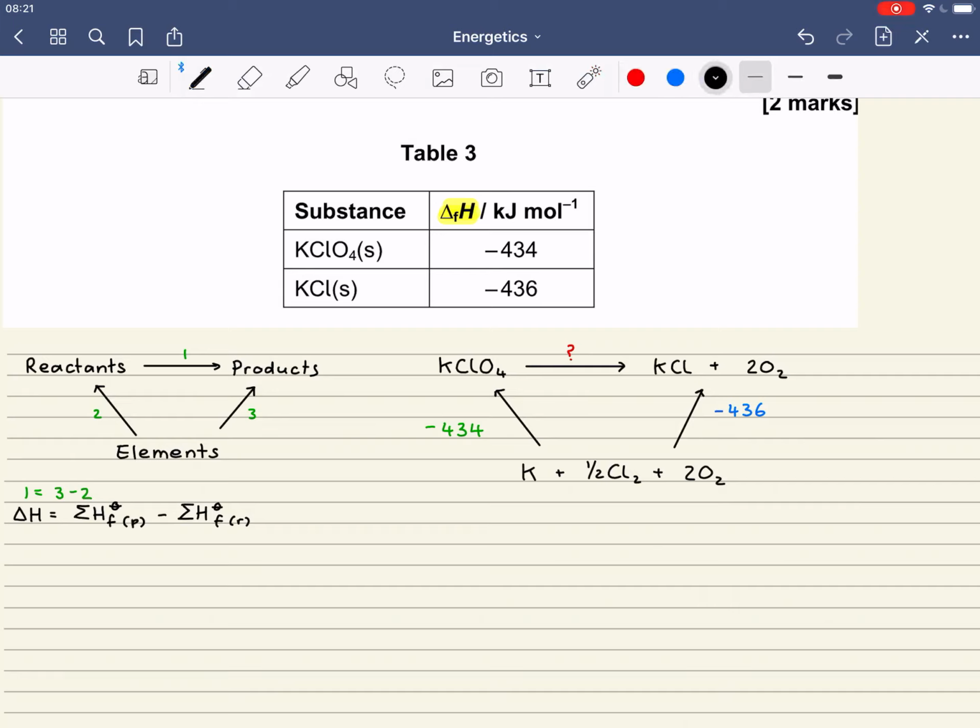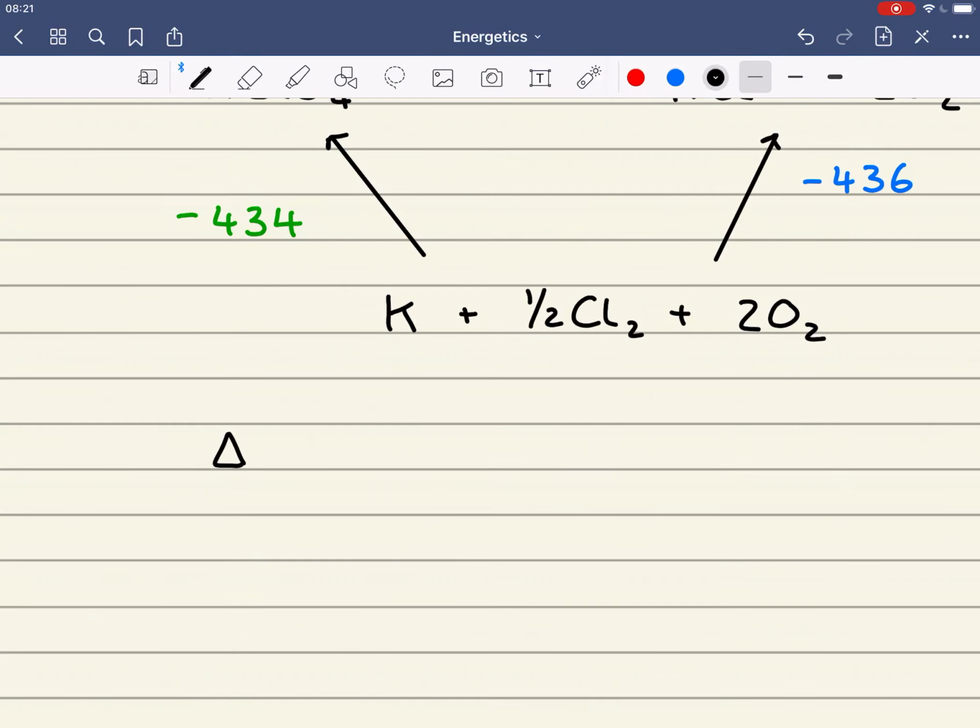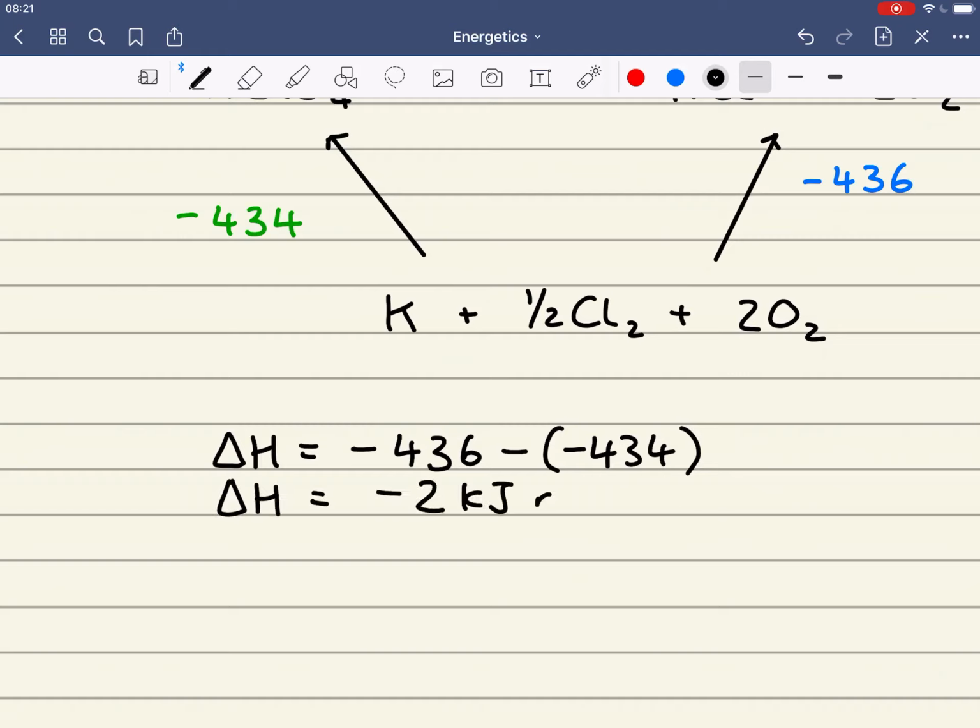So based on what we've said here on the left, the enthalpy formation data tells us that for this enthalpy change here, it's 3 minus 2, so this gives us minus 436 minus 434, and that gives us an enthalpy change of minus 2 kilojoules per mole. And that there is my answer.